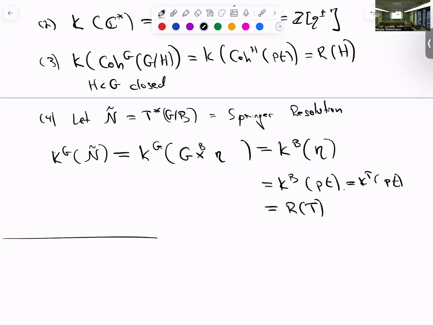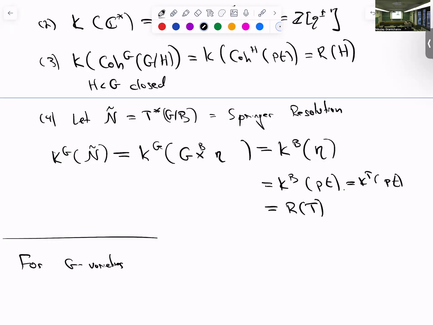So let's now discuss the convolution product for very special G varieties. Not all varieties X have a product.